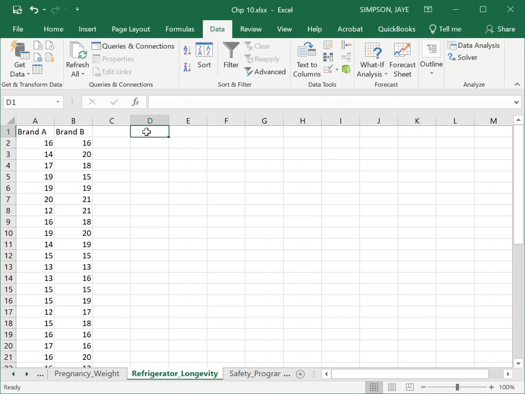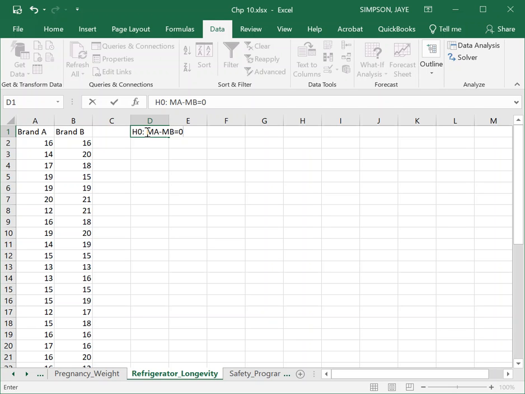I think you'll get the idea. So our null hypothesis, which I'm going to call H0, is that the mean of A minus the mean of B, so the mean lifespan of brand A minus the mean lifespan of brand B, is equal to 0.